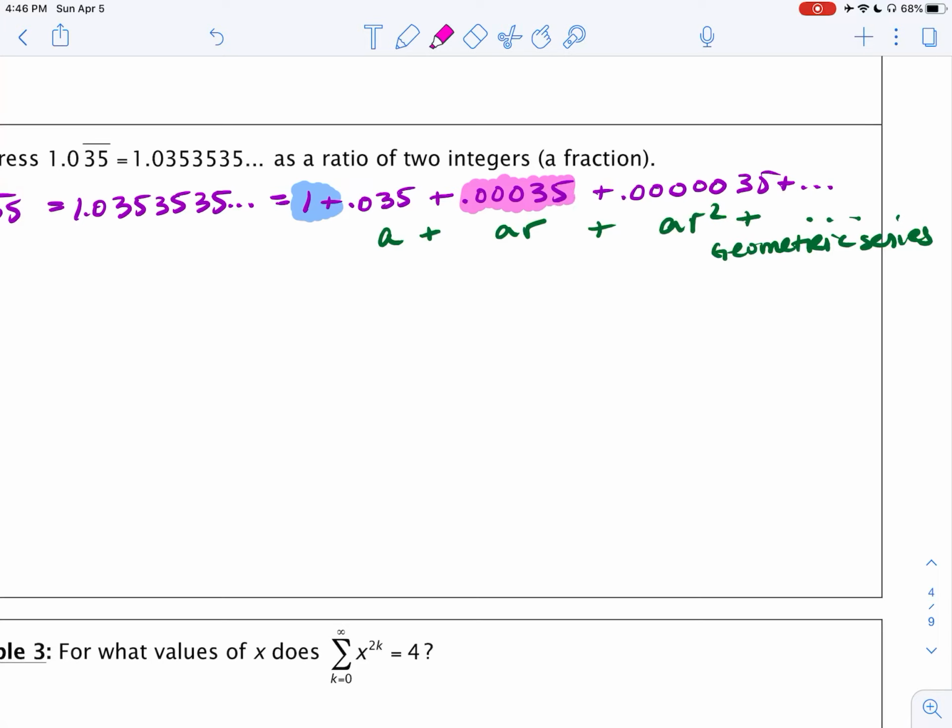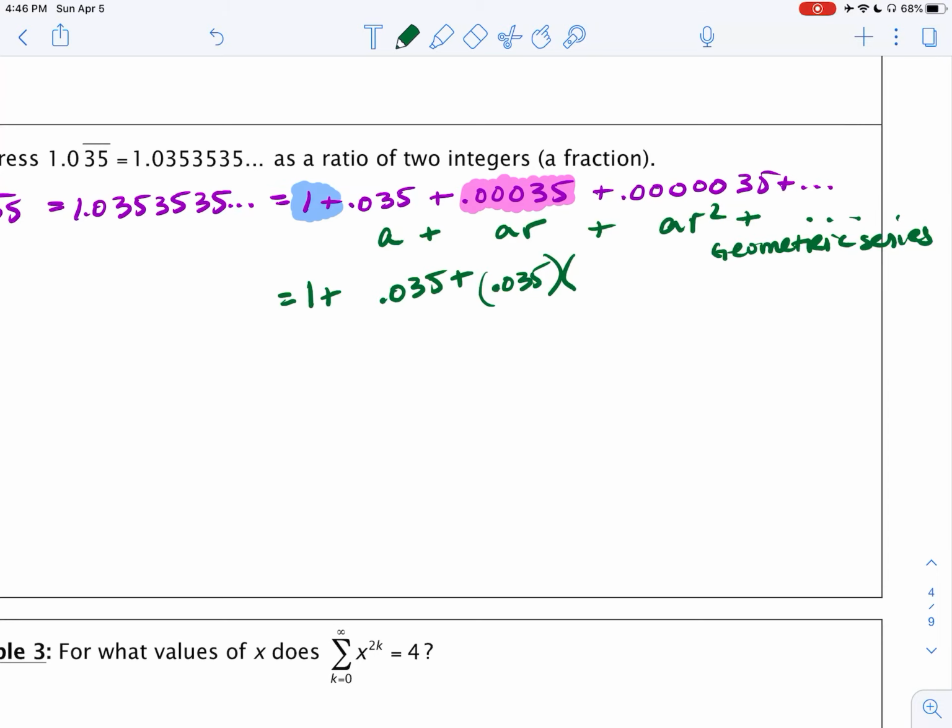So we want to identify here that a is 0.035. I'm going to keep my 1 plus, and this is going to be 0.035 plus 0.035 times what?